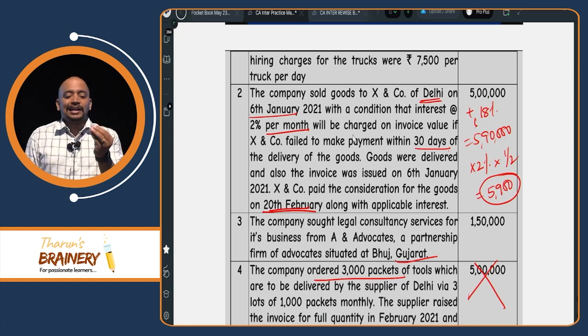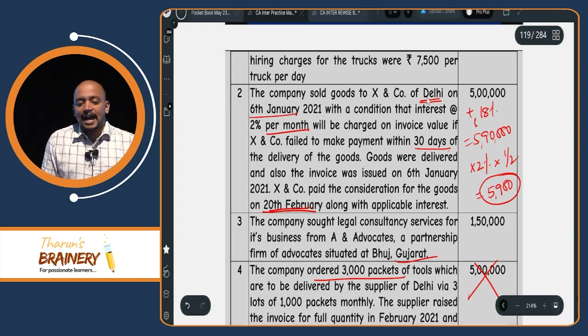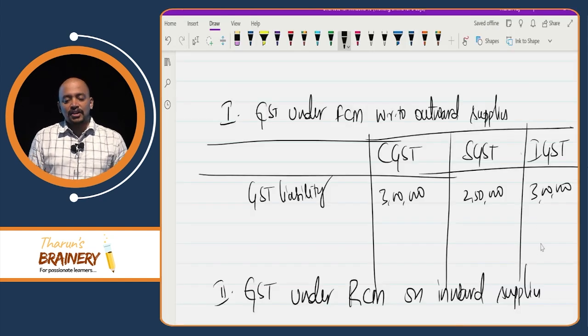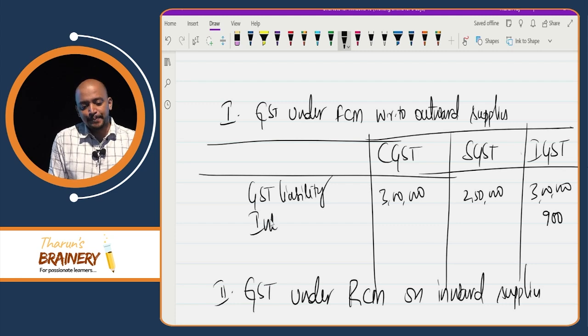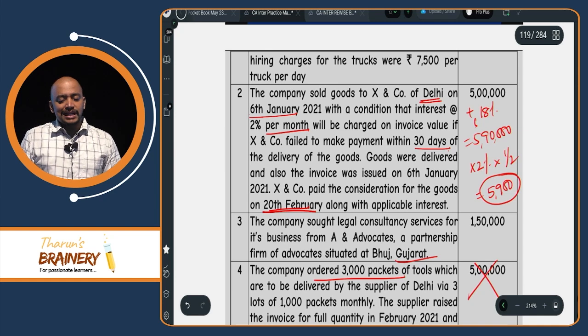They have received that interest in the month of February. So GST will be charged on the interest amount. As the location of supplier is in Gujarat and place of supply is Delhi, we will take it as interstate supply, and therefore 900 rupees we are adding in IGST interest. Statement 1.